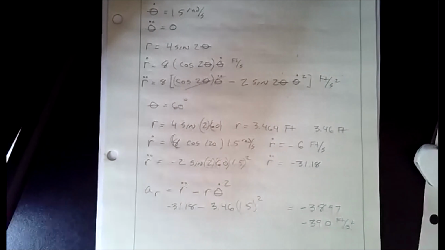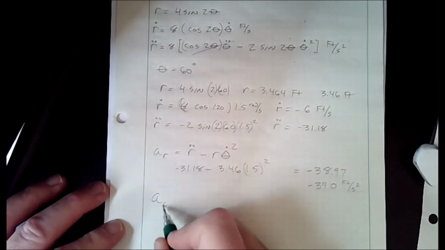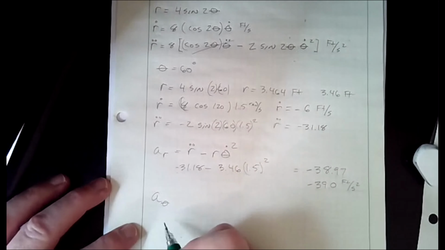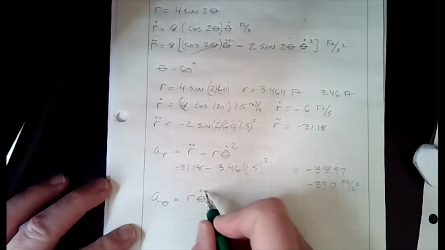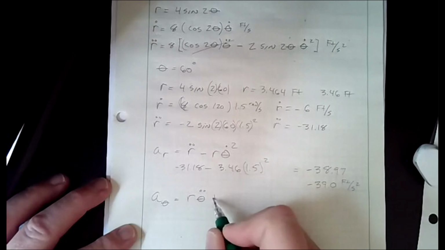So first we had to find these. Now we're finding that. So we got the radial, and then we'll get the other one, the a theta, and that's just going to equal R theta double dot plus 2 R dot theta dot. And again, theta double dot is 0. So you get 2 times negative 6 times 1.5, and that's equal to negative 18.00 feet per second squared.